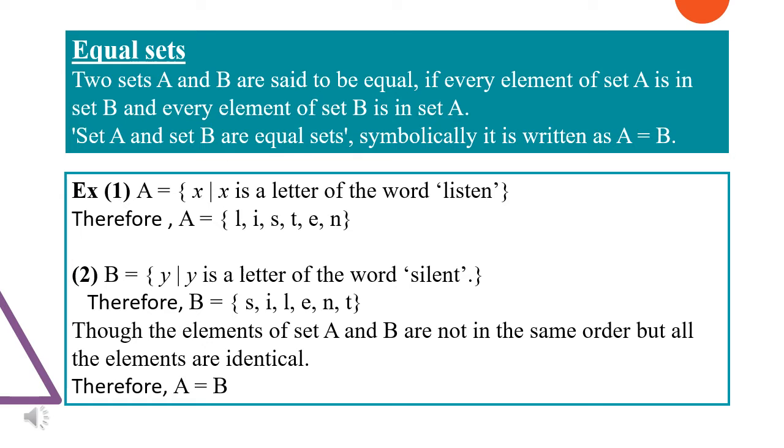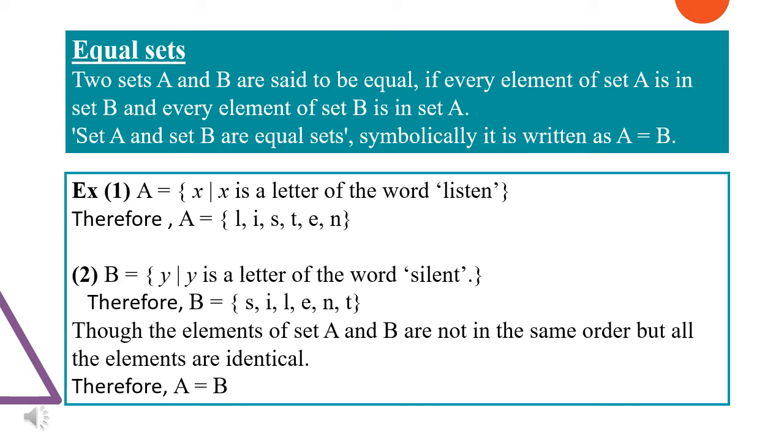Now in the second example, B is equal to y such that y is a letter of the word silent. Now if I write this in the listing form, my answer is B is equal to S, I, L, E, N, T.